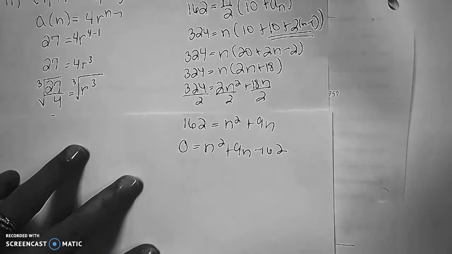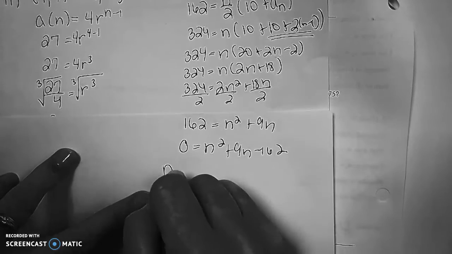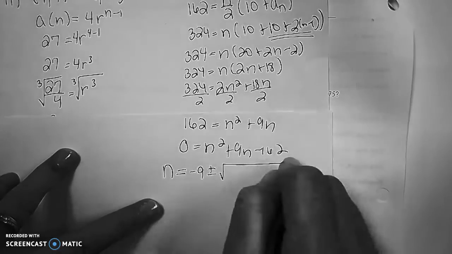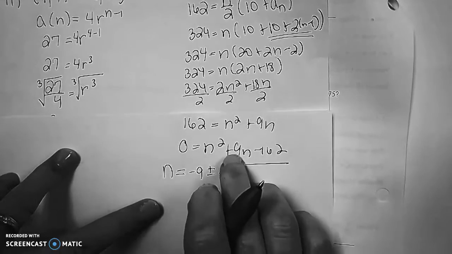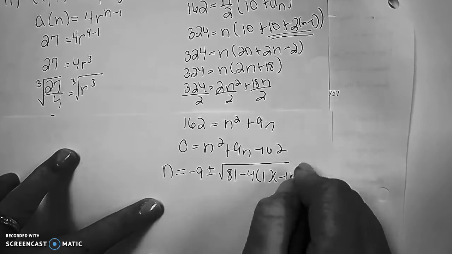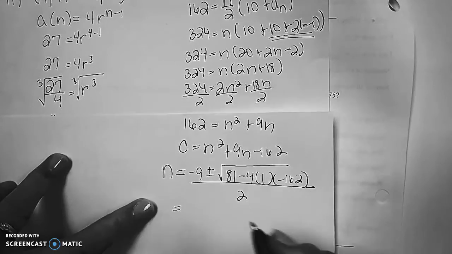And since it's a quadratic, I can use the quadratic formula, so n will equal negative b plus or minus the square root of b squared, so that's 9 squared, 81, minus 4 times a times c, all over 2.